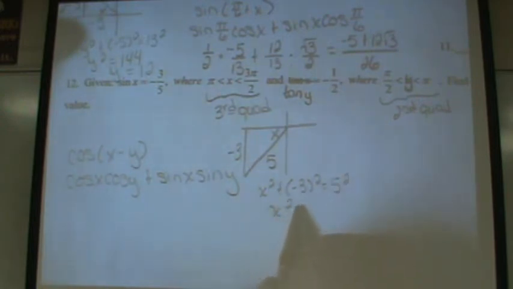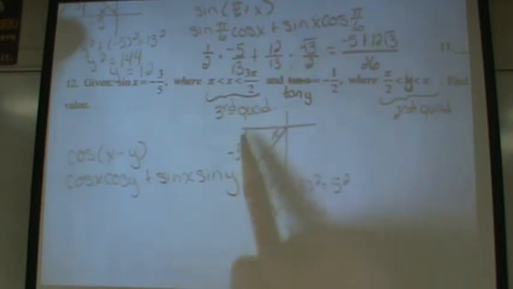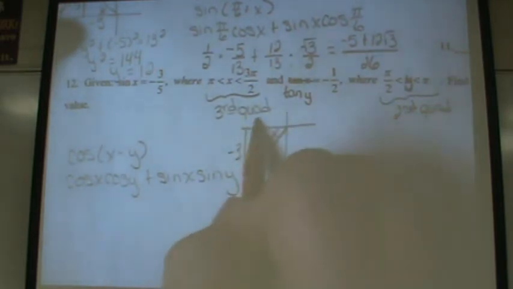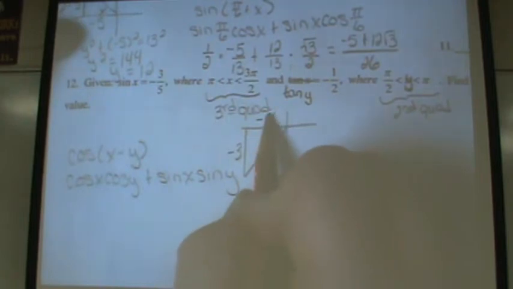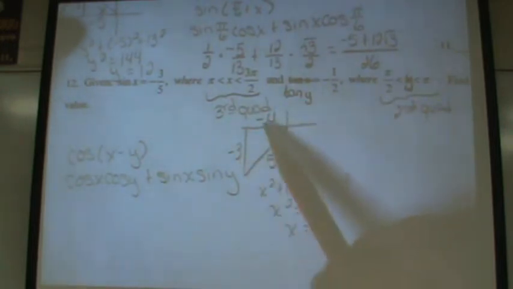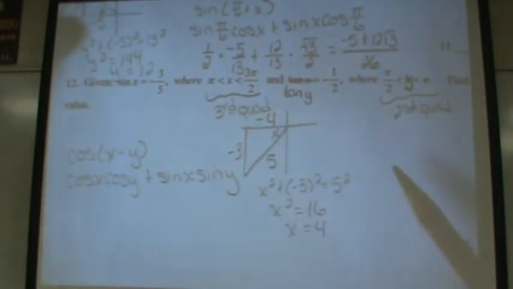So we get x squared equals 25 minus 9, which is 16, so x equals 4. Now remember, we're in the third quadrant, so our x values are negative as well as our y values. We already had a negative y value, but we have to make that x value negative as well. So it's -4. So that's labeling our triangle using angle x.